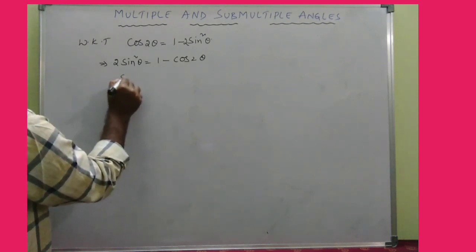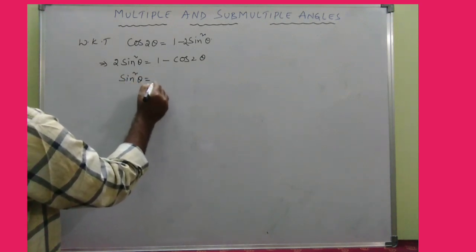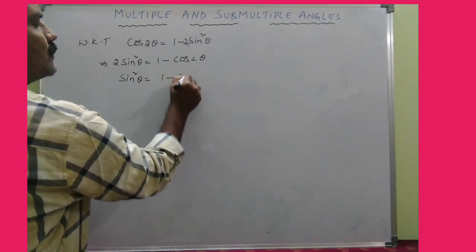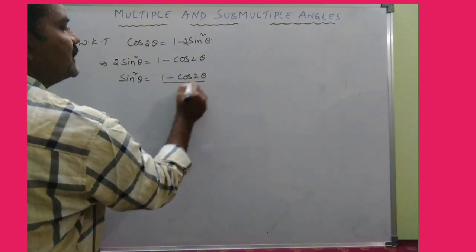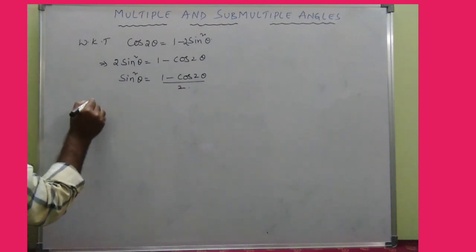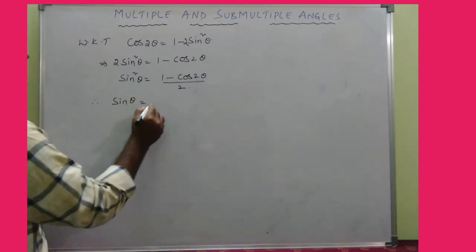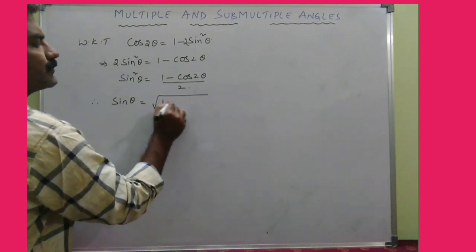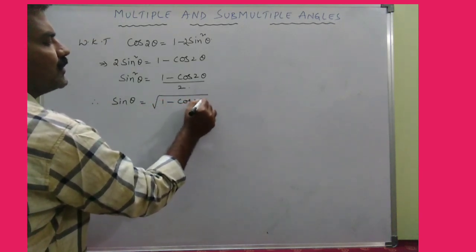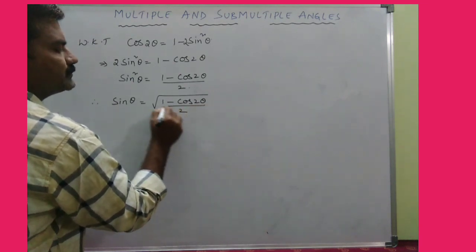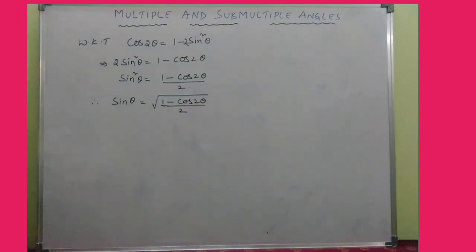And also we can write that sin square theta is equal to (1 minus cos 2 theta) by 2. Therefore, sin theta can be written as root of (1 minus cos 2 theta) by 2. We know this formula already.